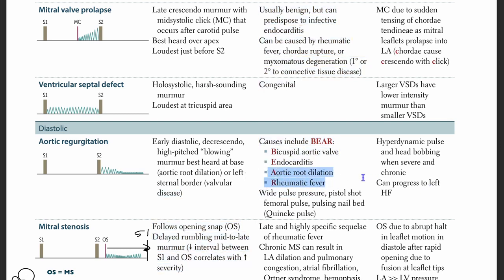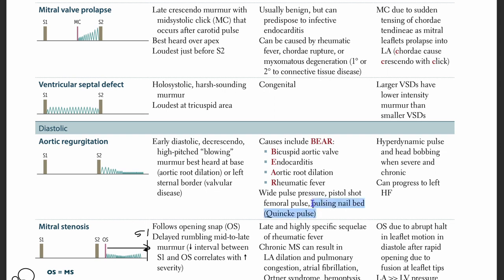These two. Okay, so wide pulse pressure, also known as water hammer pulse. You have the pistol shot femoral pulse. Oh, see, all these gun references. Then you have pulsing nail bed or Quincke pulse. I guess they added this new thing.